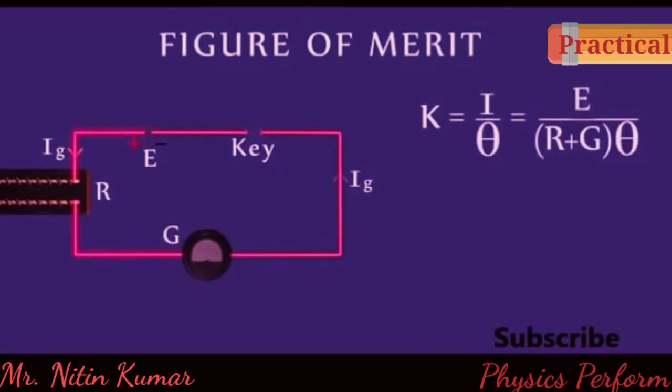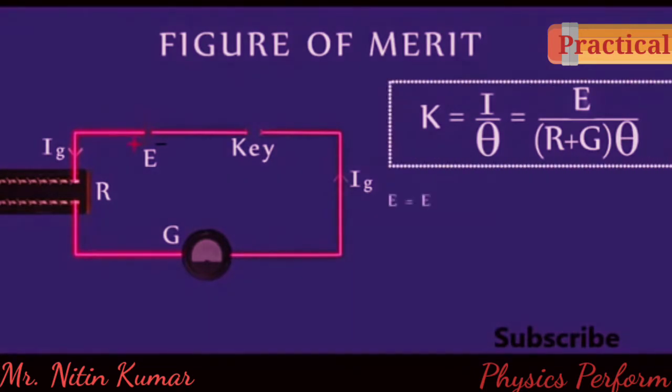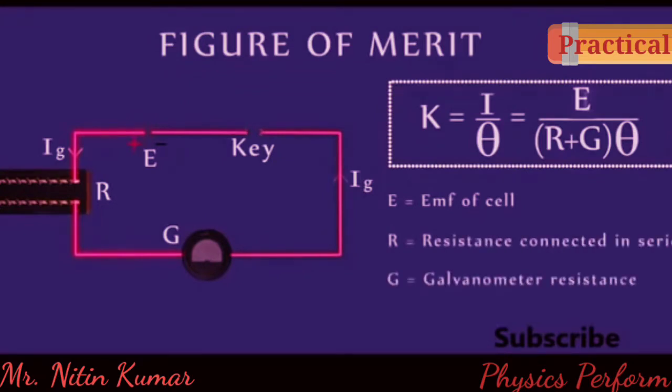We know I is equal to V by R. Therefore, K is equal to E by (R plus G) into theta, where E is equal to EMF of the cell, R is equal to resistance connected in series, G is equal to galvanometer resistance, theta is equal to deflection in the galvanometer.